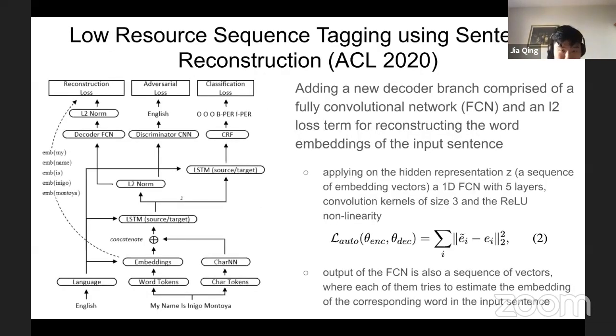So that brings us to the second paper on low resource sequence tagging. The baseline used in this paper was the same as the one in the previous paper. But the main idea this paper puts forth is the reconstruction loss.